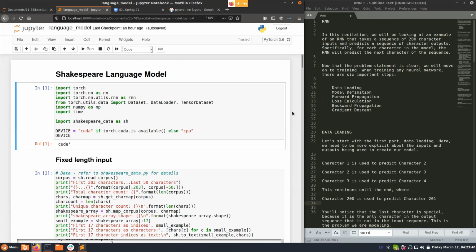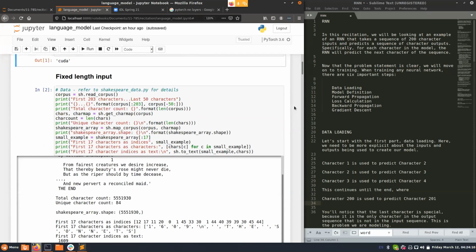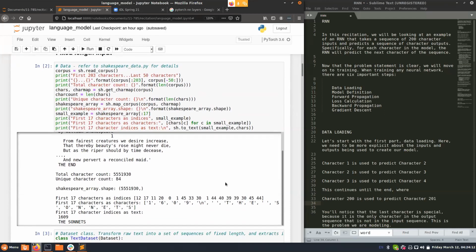The focus is primarily on the model definition because we're introducing this new model type, and PyTorch enables a lot of these components to be done using their API or automatically. So we'll be talking quite a bit about the model. But to start, we'll have a look at the data here.